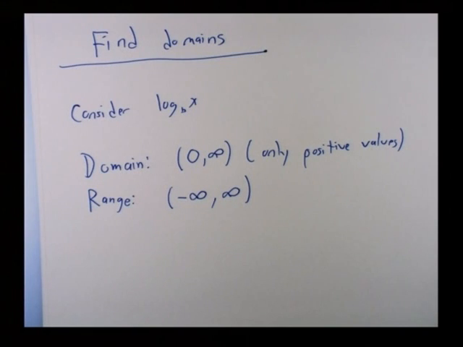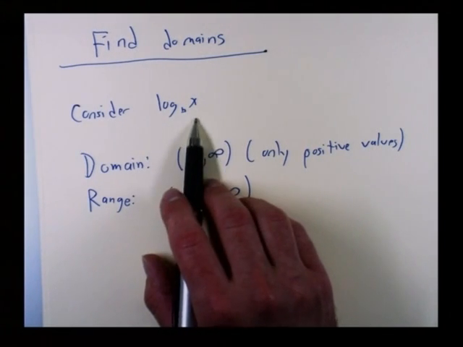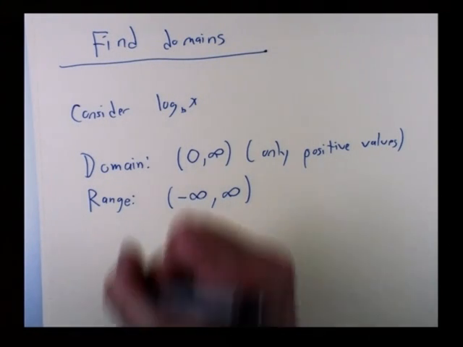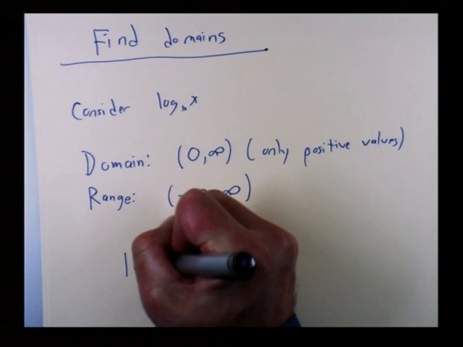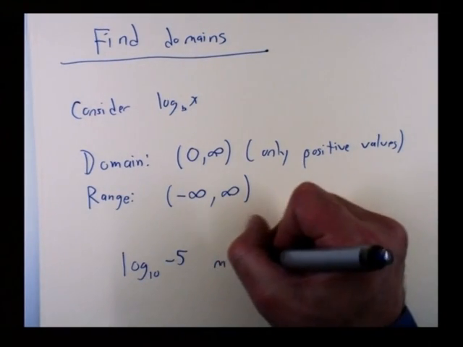Well, if the domain is a positive number, that means the values you're allowed to put in for x here must be positive. Could you put in a negative number and have it be okay? Let's say b is 10. 10 raised to what power is, let's say, negative 5? If I ask you for the base 10 log of negative 5, remember what that means?